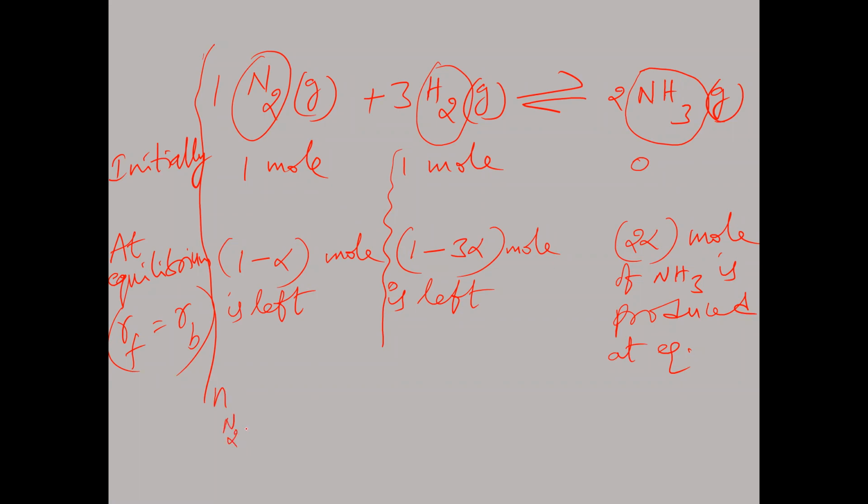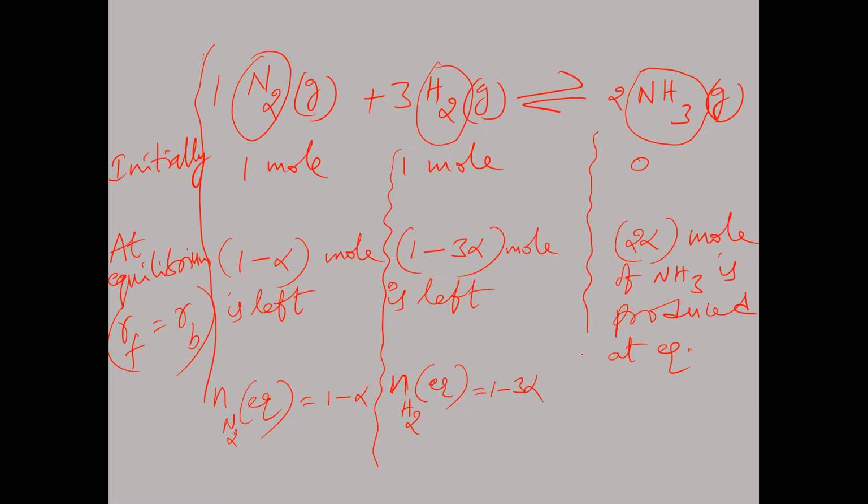The number of moles of nitrogen at equilibrium is 1 minus alpha. The number of moles of hydrogen at equilibrium is 1 minus 3 alpha.